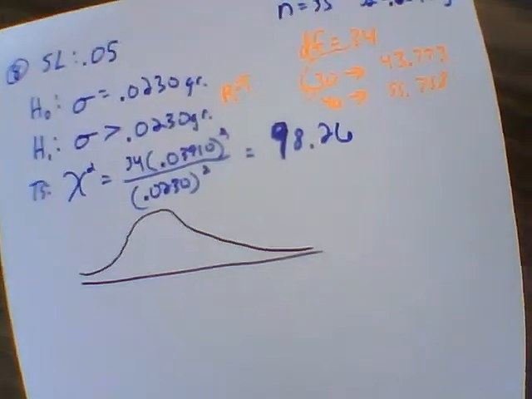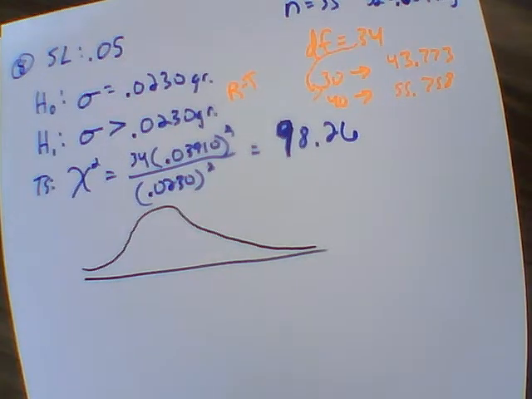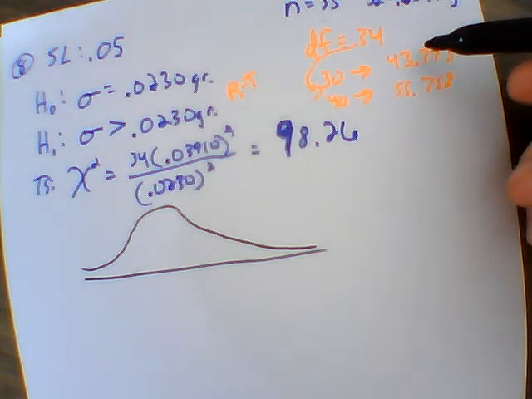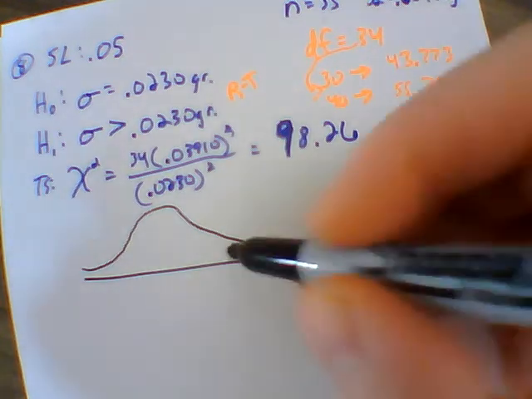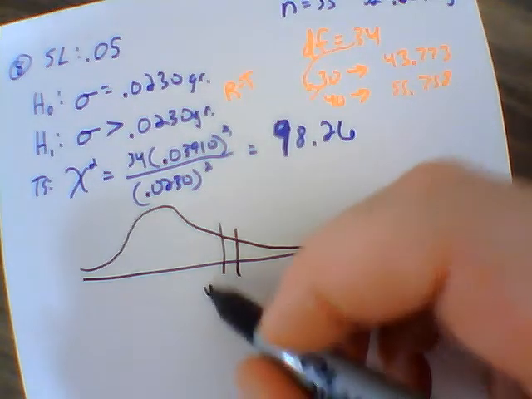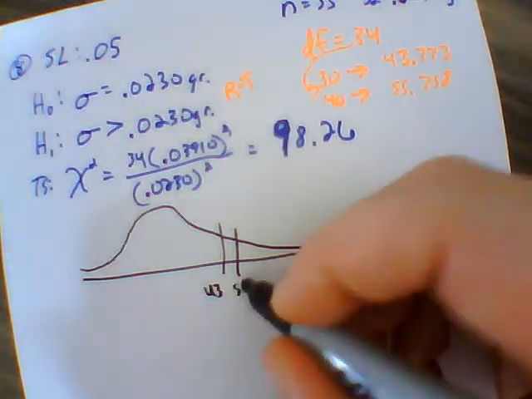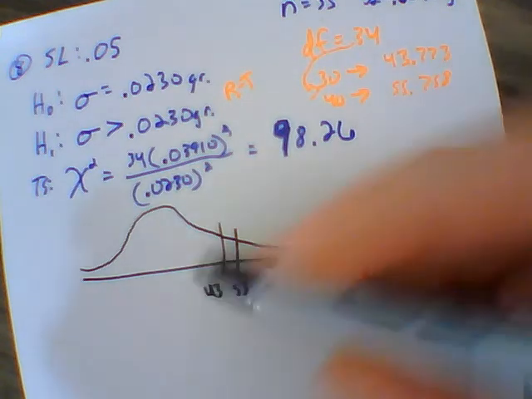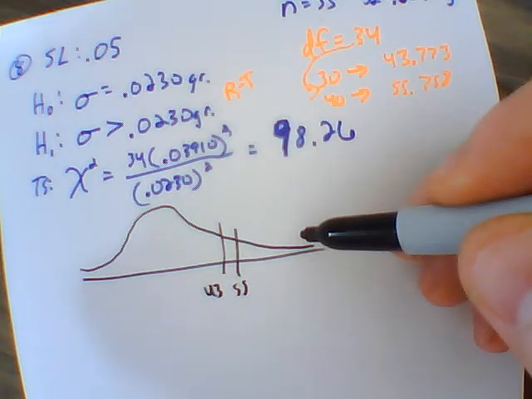Once again, the chi-square test has that right skew. As we consider the values, we're just going to draw these two values in here, that 43 and that 55, with the decimals. Anything to the right of this would be critical.